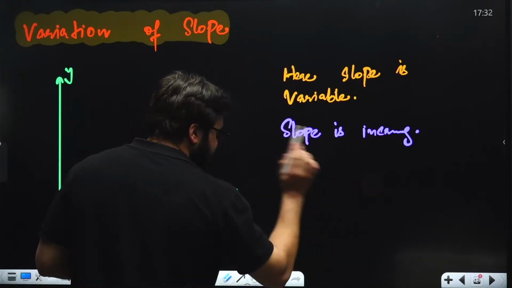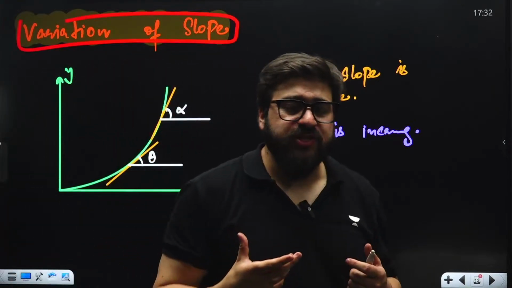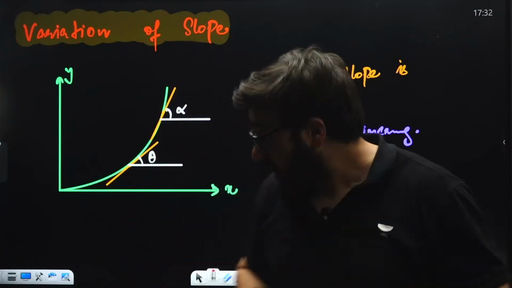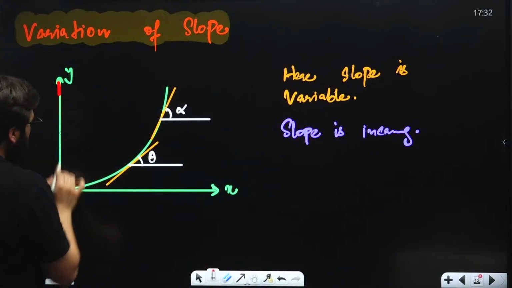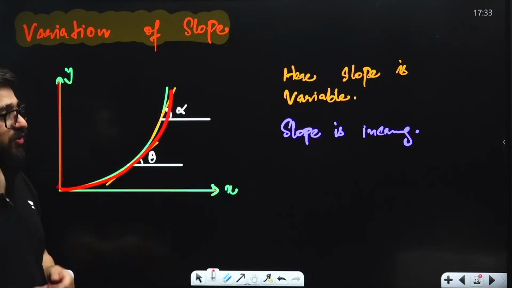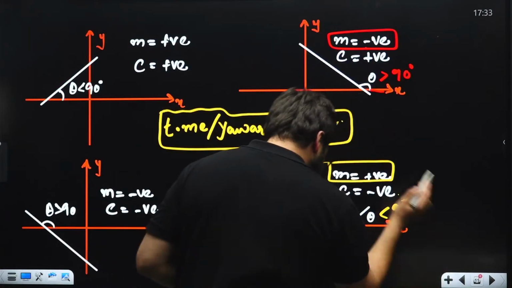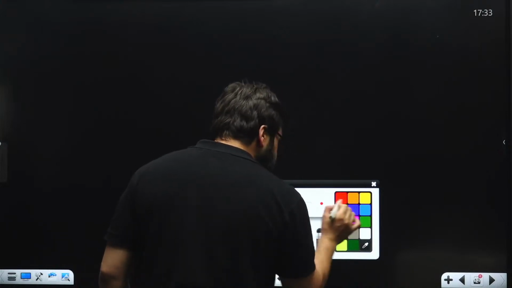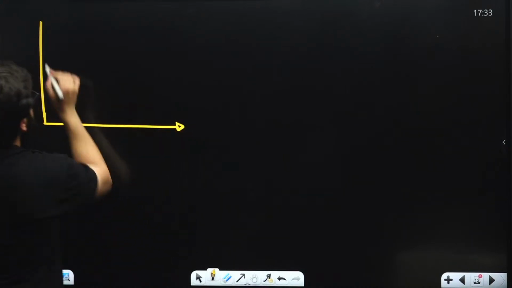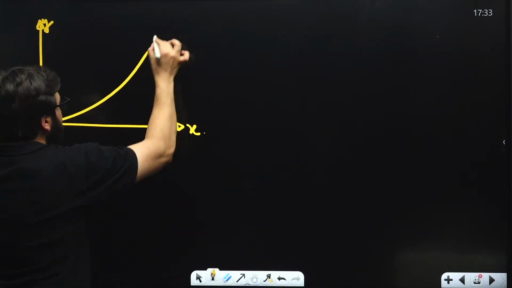Next, we have variation of slope. Guys, I told you that in case of a straight line, the slope at every point is the same. Slope at every point is constant. But if you check over here, this is the graph, which is a curve. Before this, I would want you to understand something. Let's suppose this is the y-axis and this is the x-axis, and the graph is a curve.